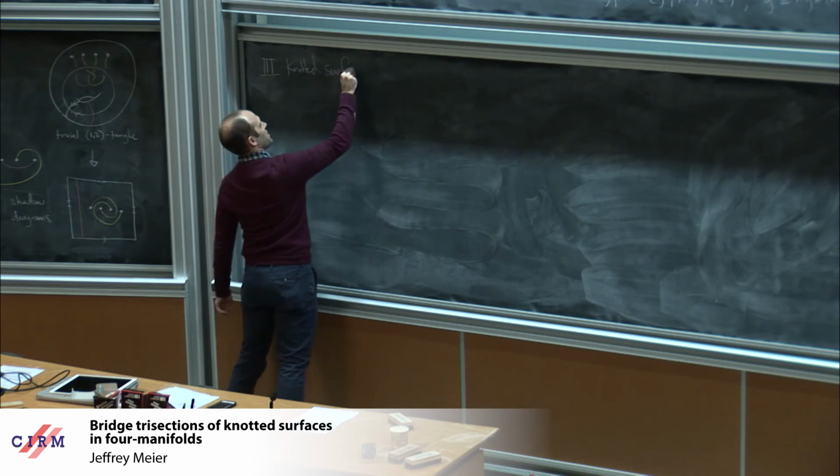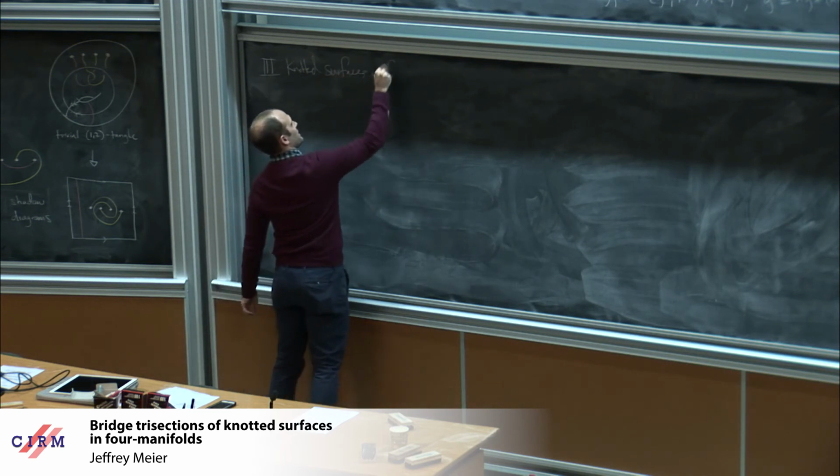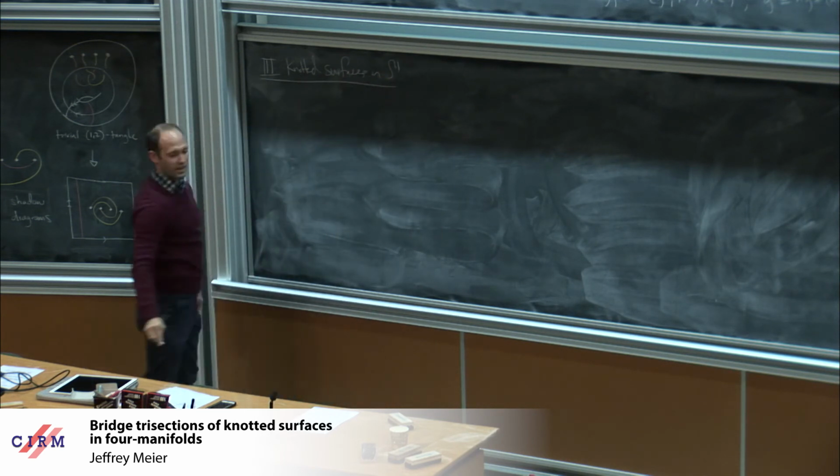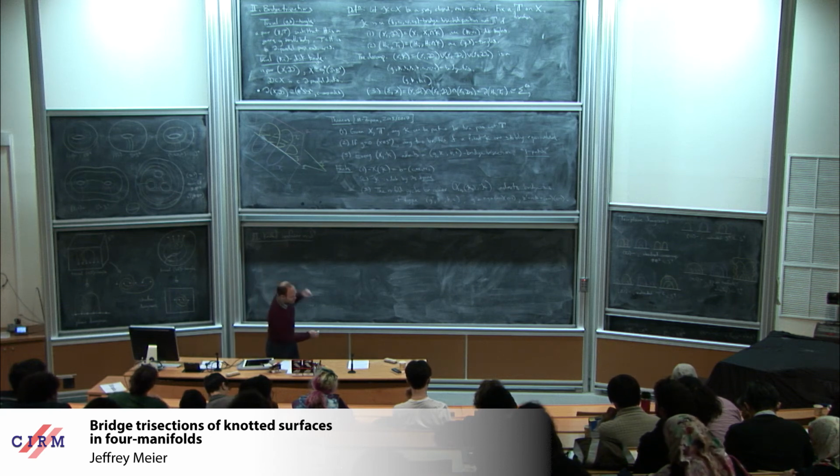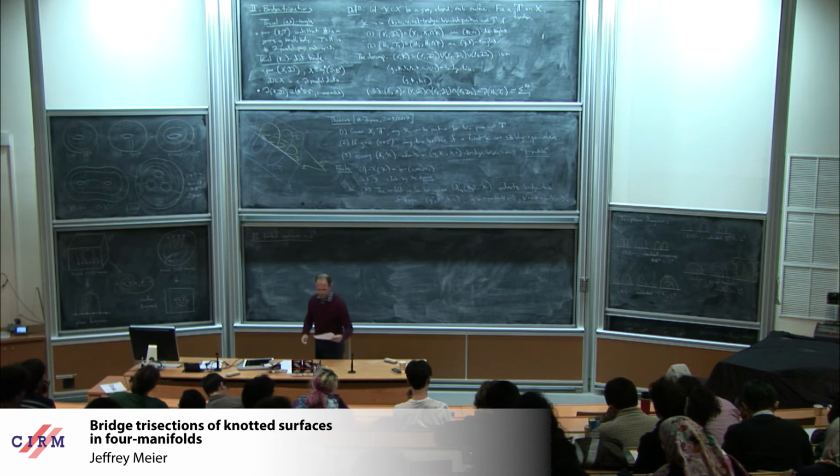So part 3 is knotted surfaces in S4. The idea here is again that we can use this genus 0 trisection of S4.